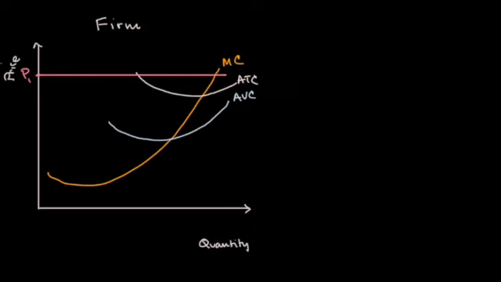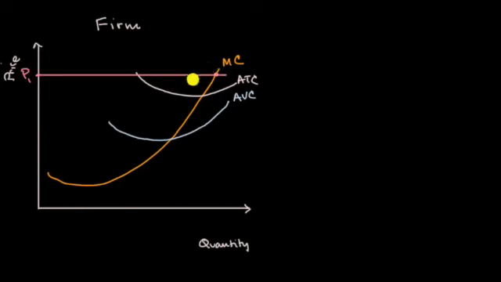And in a previous video, we already said it would be rational for a profit maximizing firm to produce at a quantity where the marginal cost and the marginal revenue meet. And if we're talking about a competitive market, then this price right over here is not going to be a function of the firm's quantity, so that's why it's horizontal, and it would be the same thing as the marginal revenue.